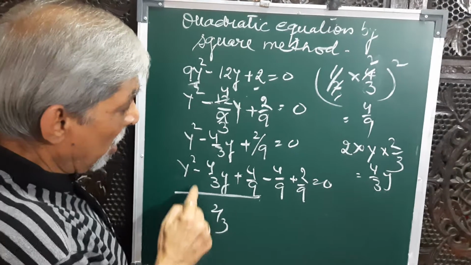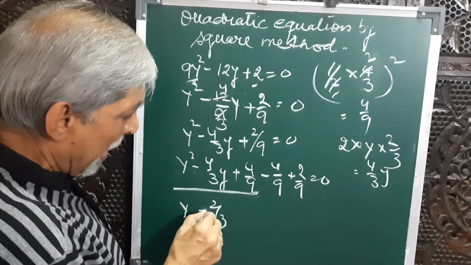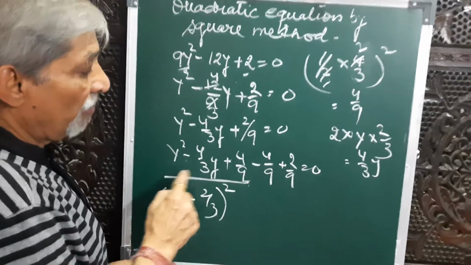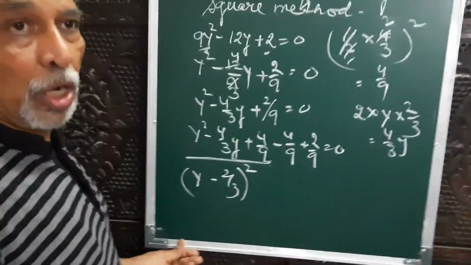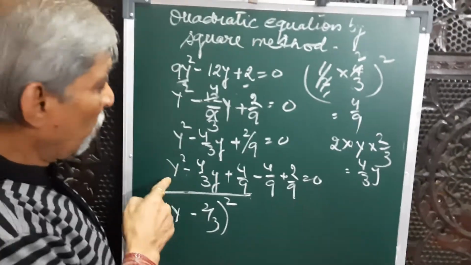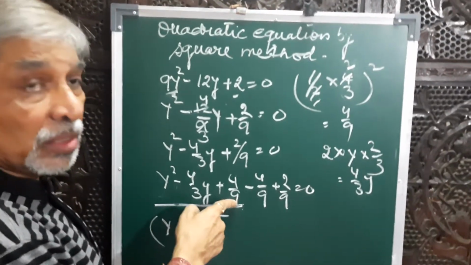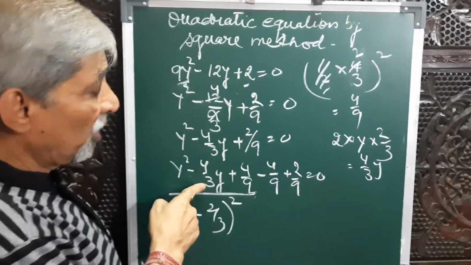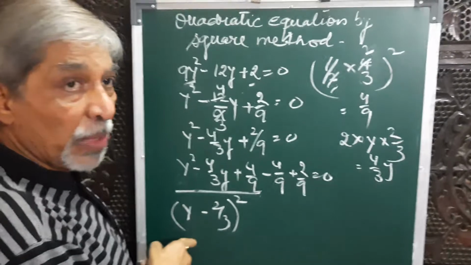Here the sign is minus, so this becomes a square of these first 3 terms. To check whether it is a perfect square or not, find the square root of the first term and the last term and multiply by 2. If this is equal to the middle term, it's a perfect square.